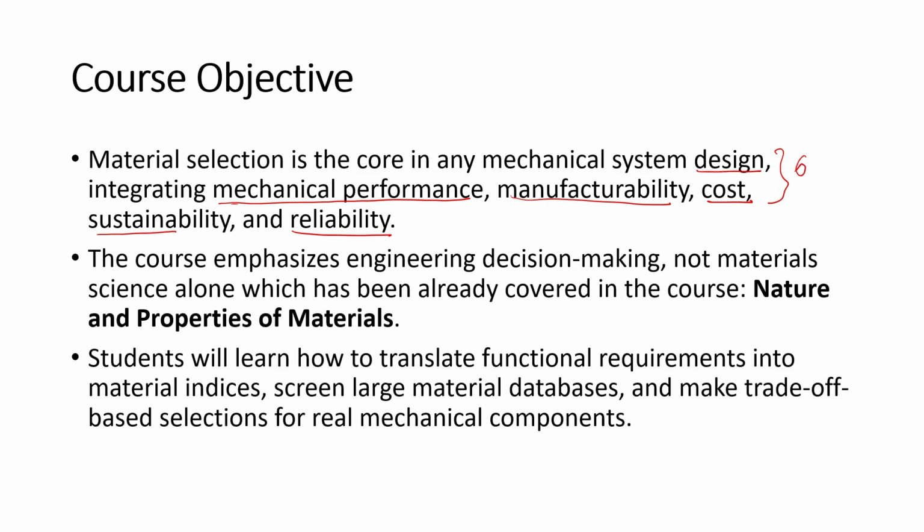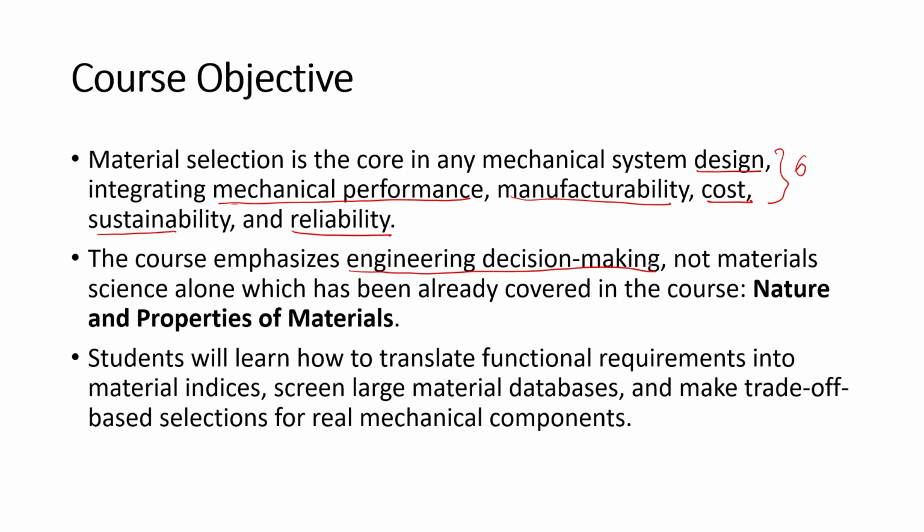Through the course I will try to introduce you to how all these 6 factors come together in the decision making for selection of a material. So, the emphasis of the course is engineering decision making.